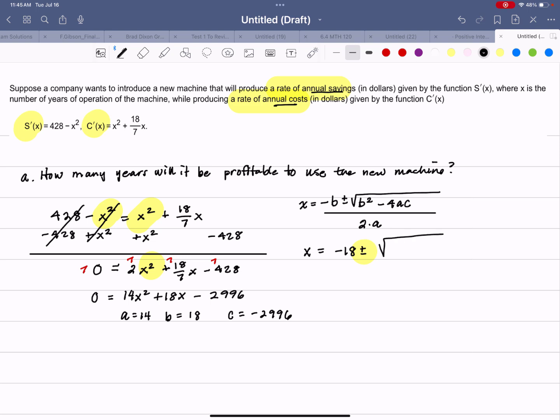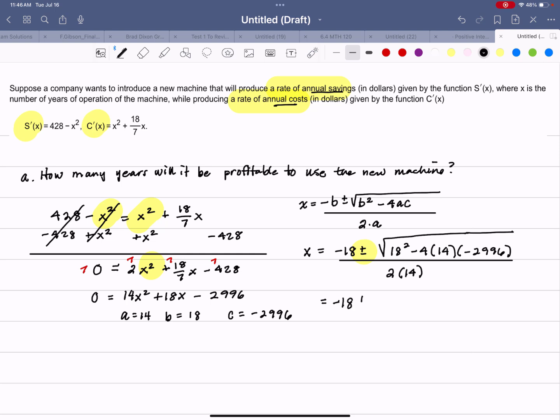The square root of b, which is 18 squared, minus 4 times 14 times negative 2996. Now don't forget that negative sign or you'll miss this. Also, don't forget, all of this is going to be over twice a. In our case, a is 14. So now it's just a matter of getting the numbers.